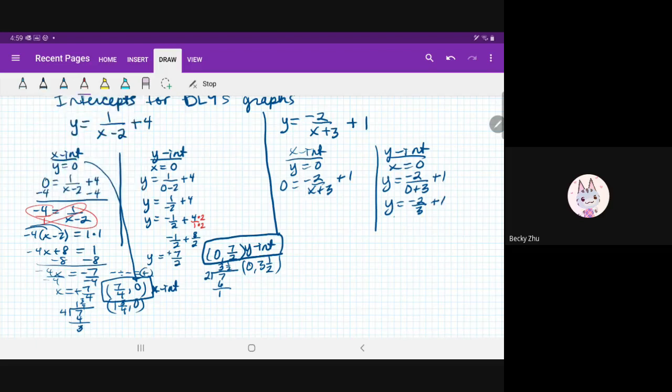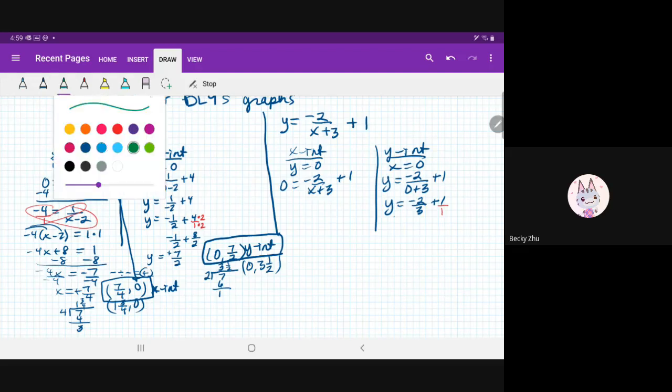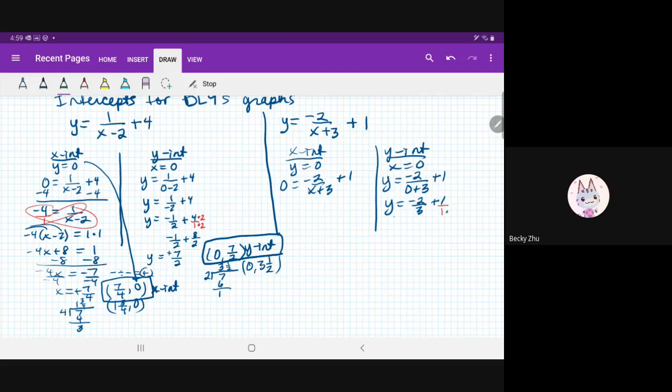Need a common denominator. So I use my brother technique, right? I need the same denominator. So to get the same denominator, my brother has a 3, I need a 3, and then put it there.